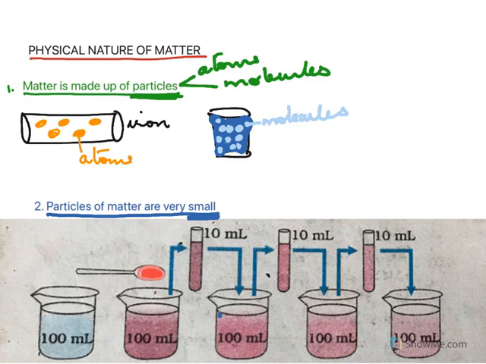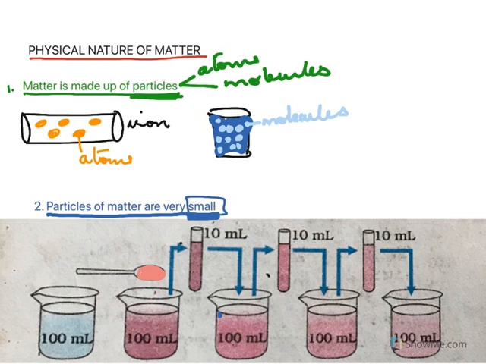This few particles of potassium permanganate was sufficient to dilute so much of water. And this was because there are many particles in matter. In matter, there are many particles, and the particles are very small.